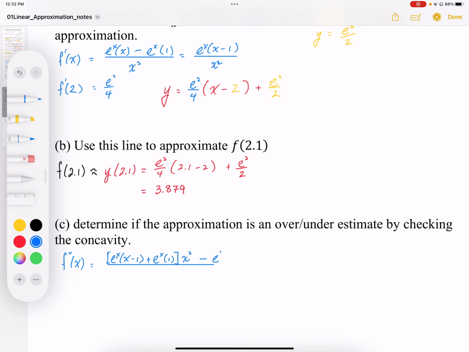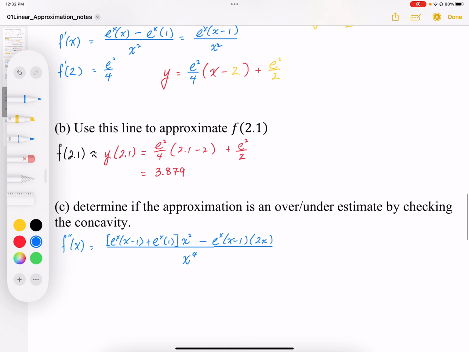And then I get e to the x minus 1, and then differentiating the denominator, I get 2x. Okay, so that's all over the denominator squared, so I get x to the power 4. Okay, so this is something I should simplify.